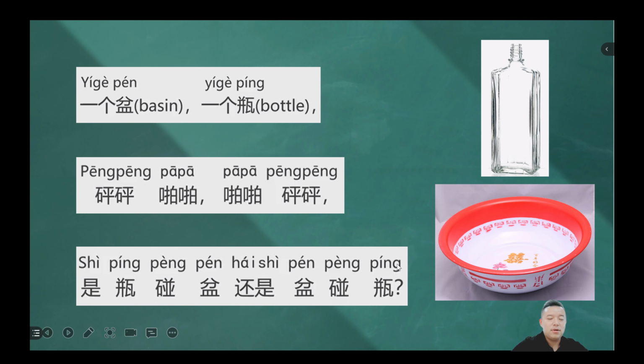Okay, a little bit faster. 一个盆，一个瓶，砰砰啪啪，啪啪砰砰，是瓶碰盆，还是盆碰瓶. Okay, can you try? You may leave comments or send the work that you made to me through WeChat or email.